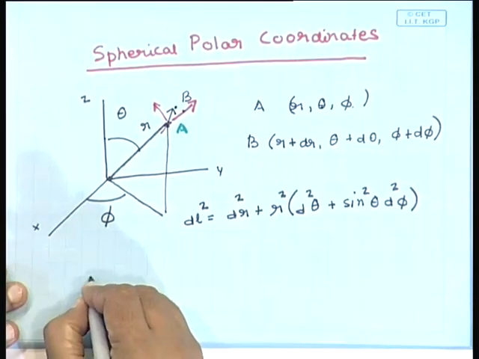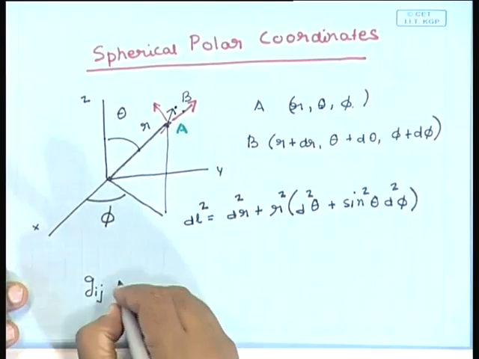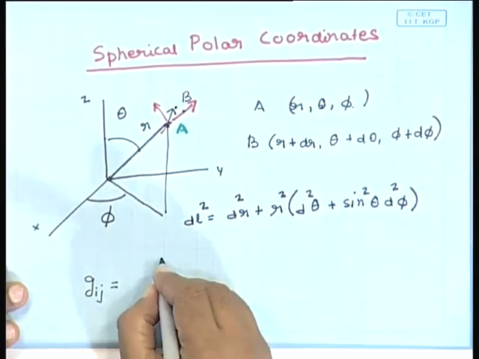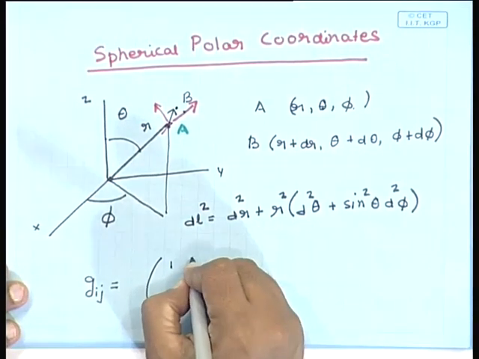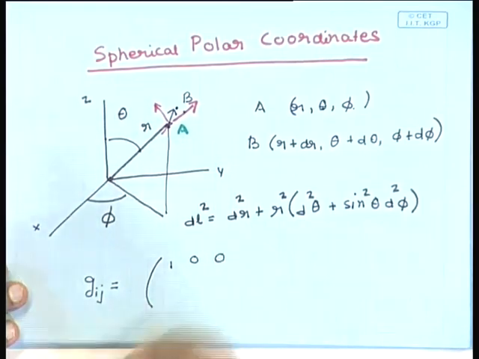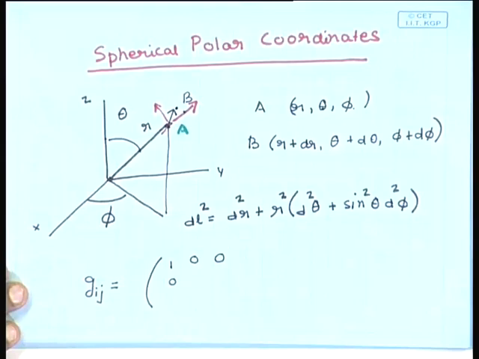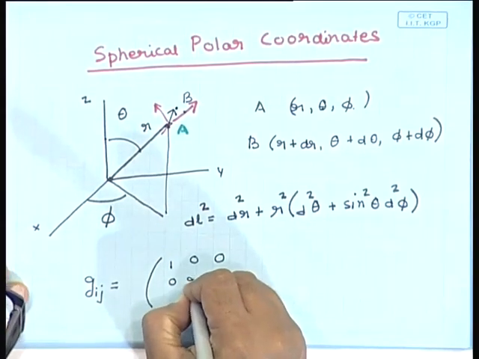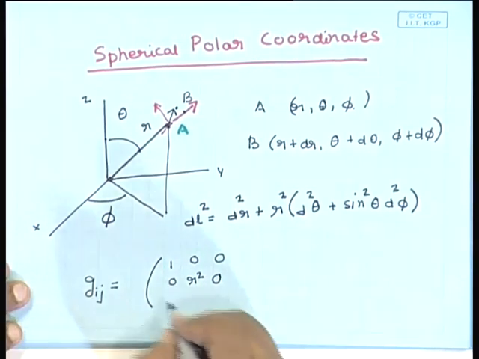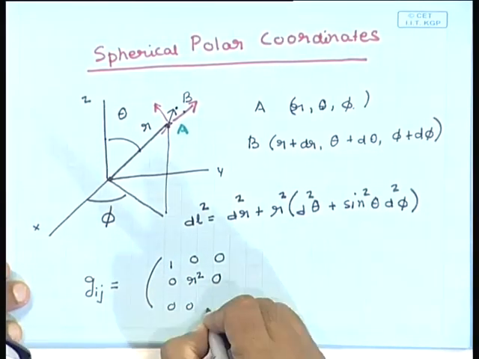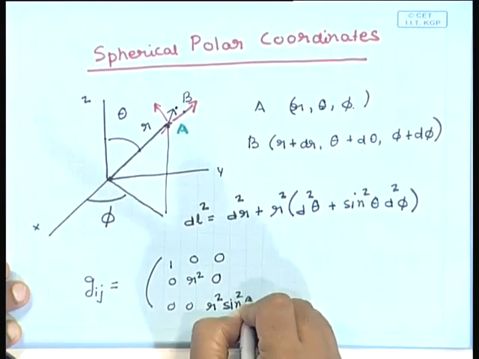The metric Gij in this case, this is the line element, has got components 1, then there is no r theta term, there is no r phi term, so 0 0, then we have 0, r square, the term that multiplies d square theta, and we have 0 0 r square sine square theta.